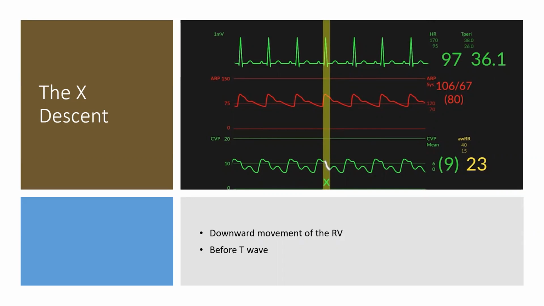So how do we know when this happens? Well, it is during mid-systole or in the QRS of the ECG. This is a representation that the atrium is relaxing.